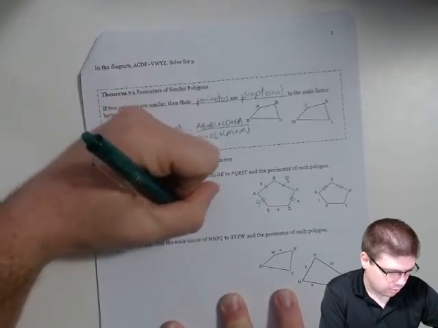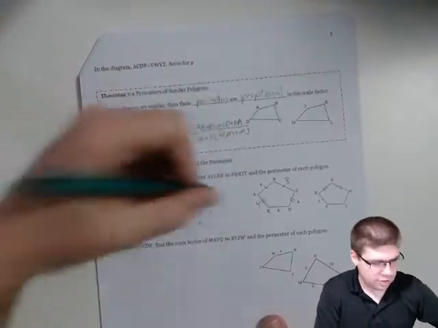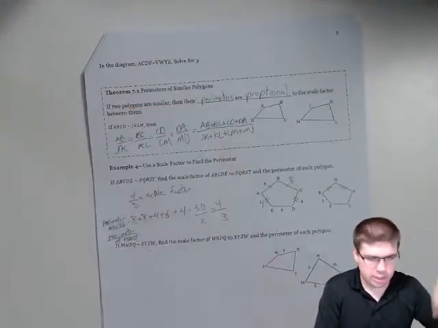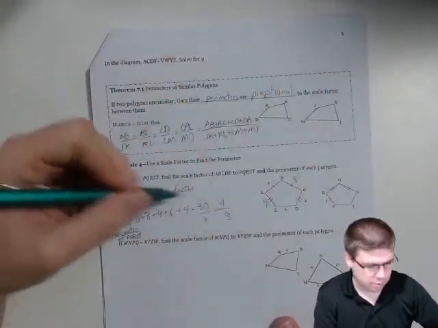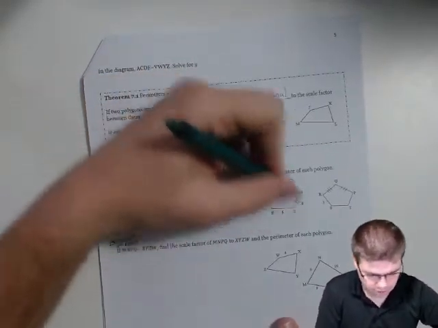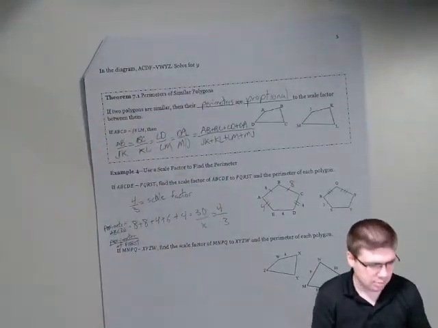We don't know what that perimeter is, so I could call the perimeter X. Well, that should match that same 4 to 3 scale factor, going from this perimeter to that perimeter. And so this figure, the sides are a little bit bigger. I expect this perimeter to be a little bit bigger than that. And so we can then set up and solve this.